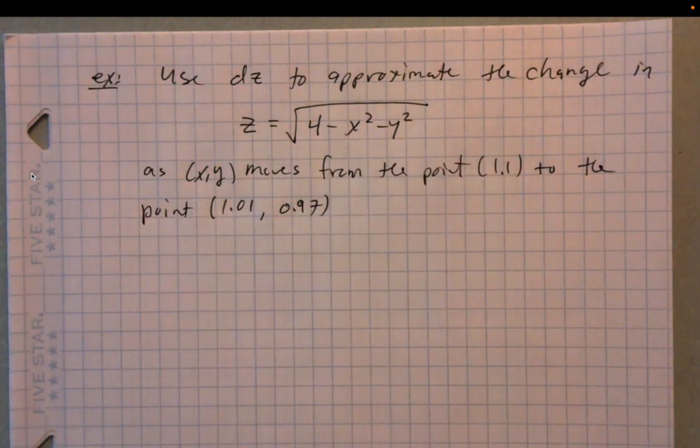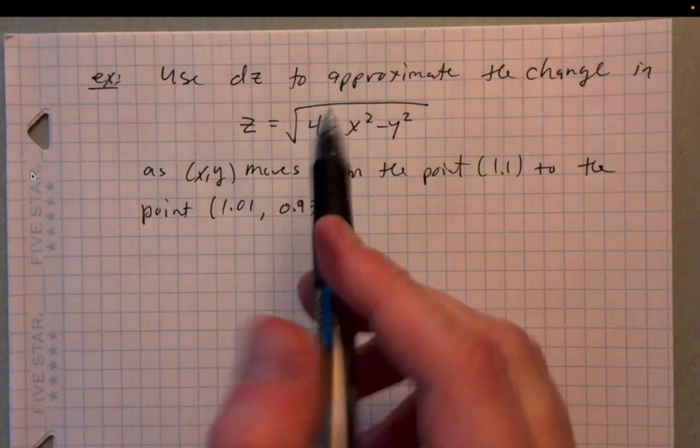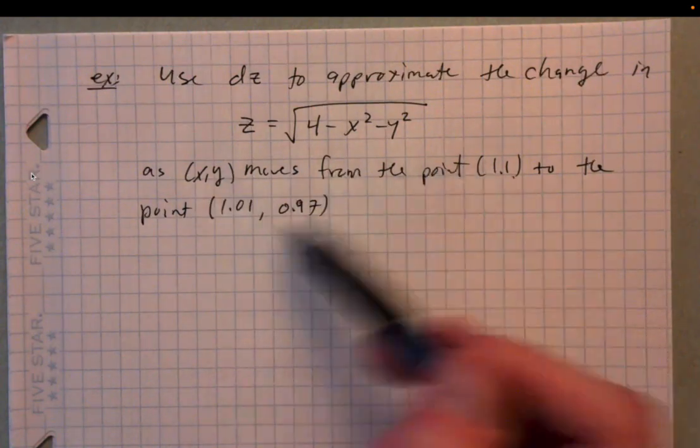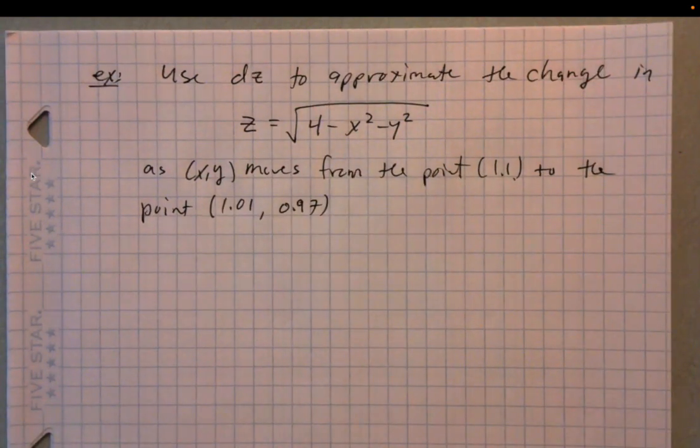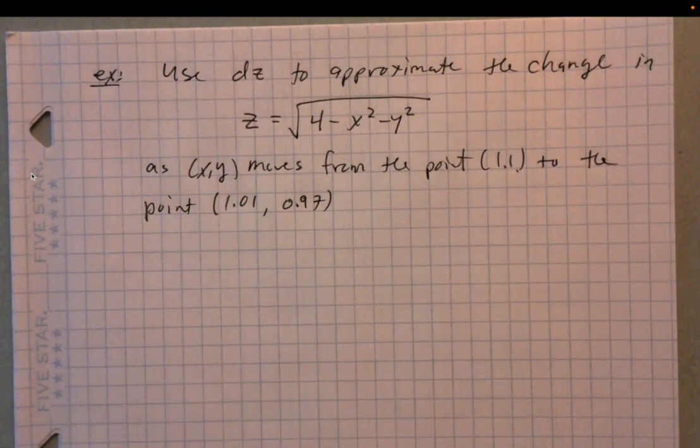So a neighboring point. We want to approximate the change in this function as xy moves this little distance. Okay, so how could we do that?